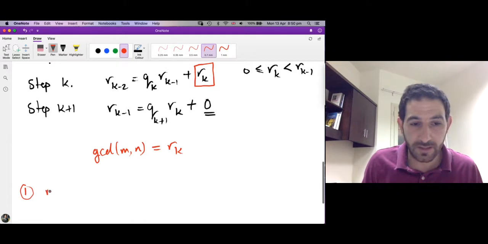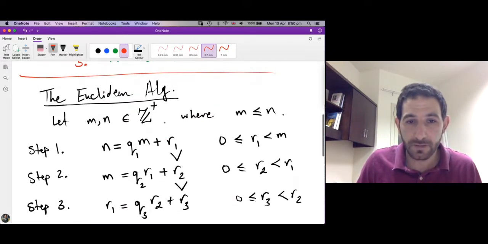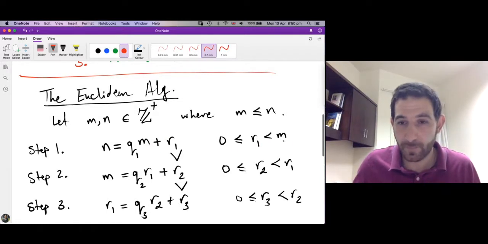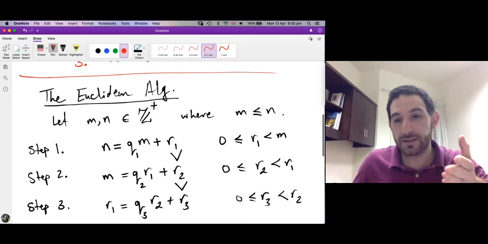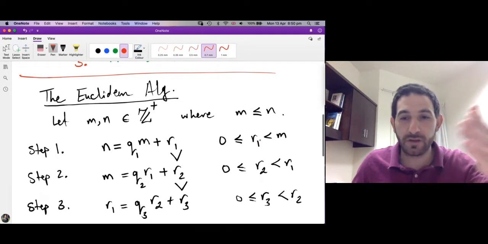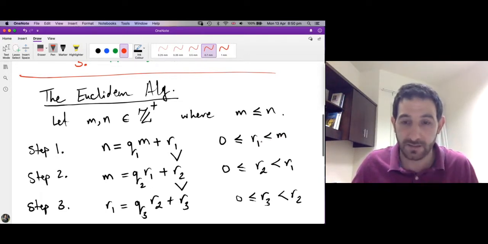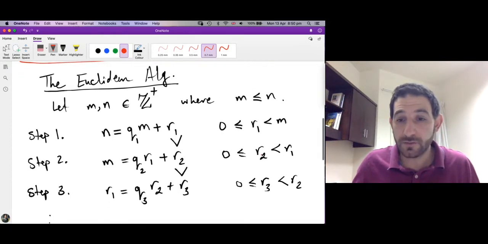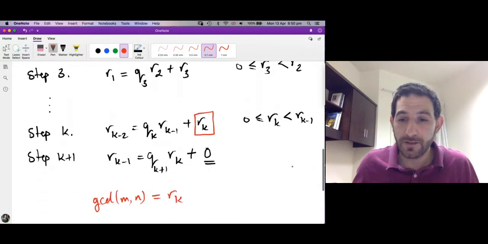Notice that we started with m, and m is a positive integer, and then r1 is strictly less than m. So if we start at m, say 100, r1 will be 99 or 90 or maybe 2, I don't know, but it will be strictly less. And r2 is strictly less than r1, r3 is strictly less than r2.